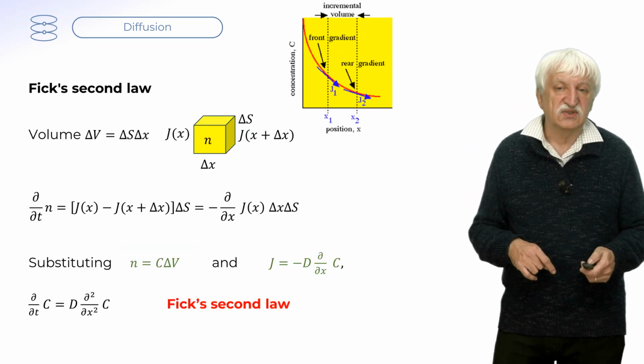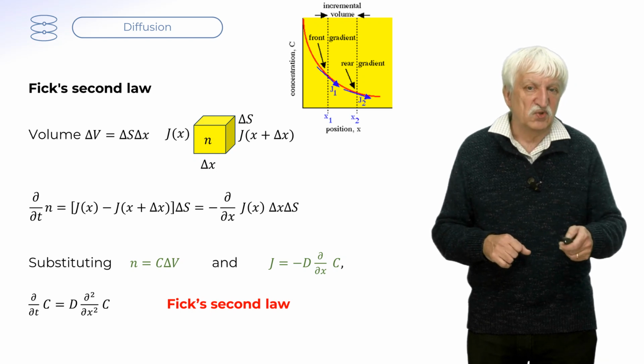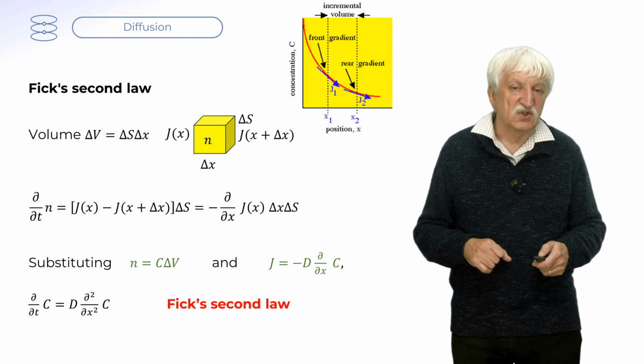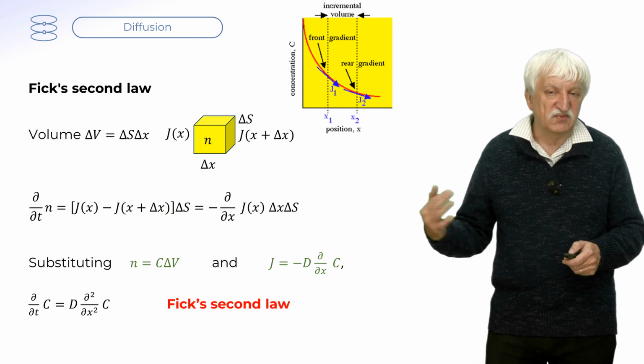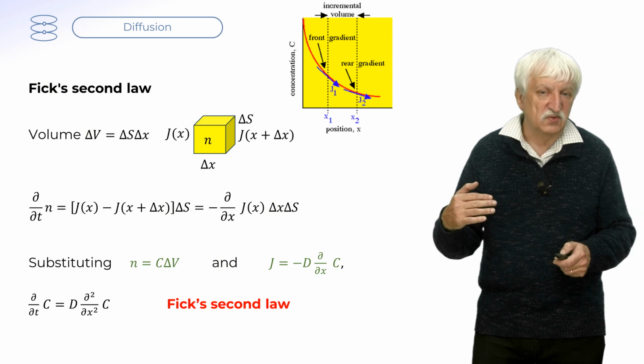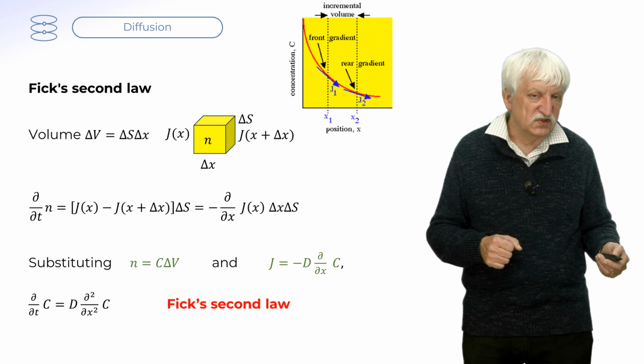And so now consider again a small volume, delta V. There is a flux from the left into this volume, and there is a flux from the right into this volume.